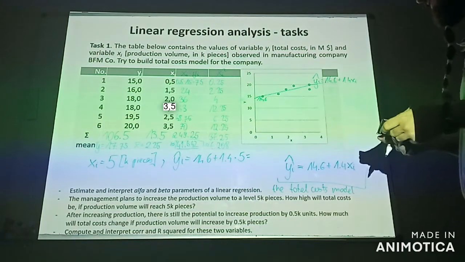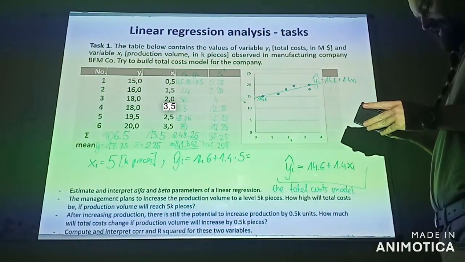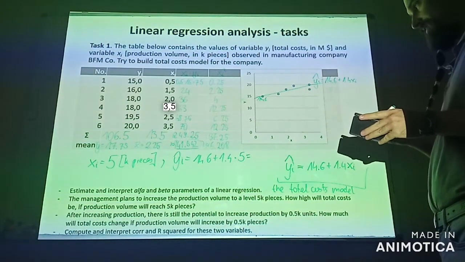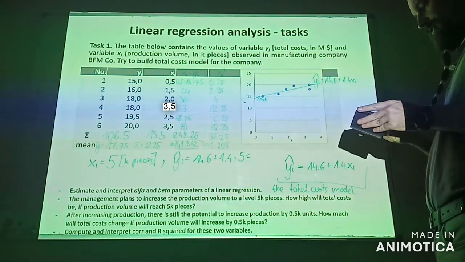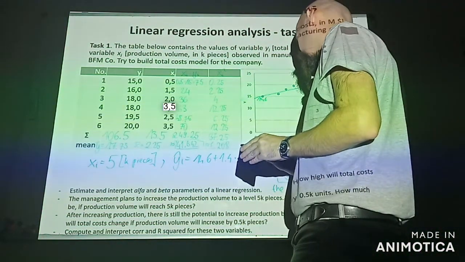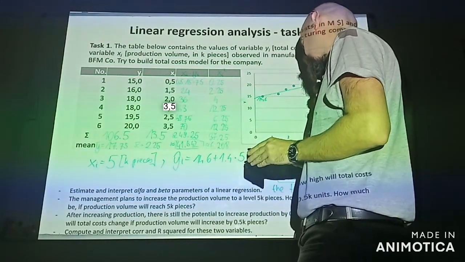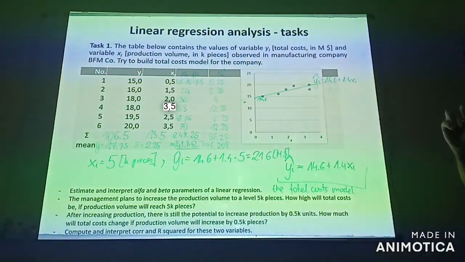Alright. So 1.4 multiplied by 5 is 7, plus 14 and 6 is of course $21.6 million. So we can answer the question of the management board.